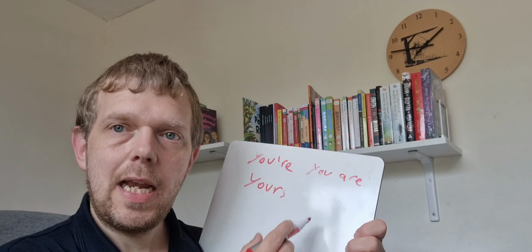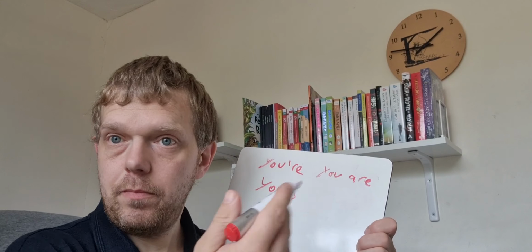It is yours. It belongs to you. Whereas you're is a contraction of you are. I've done another video on the words you're and your, so you can go check that out if you'd like more information about this.